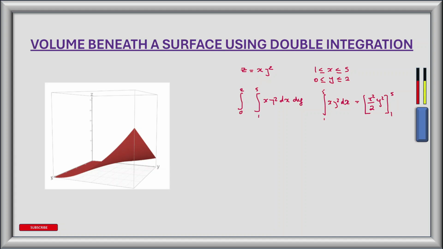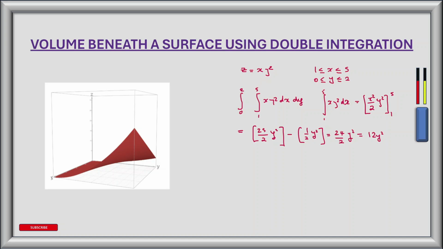So if we put our value of 5 in for x, this gives us 25 divided by 2 y squared minus, now if we put our value for x equal to 1, it becomes minus a half y squared. And if we subtract those two fractions, we get 24 divided by 2 y squared, which is equal to 12 y squared.